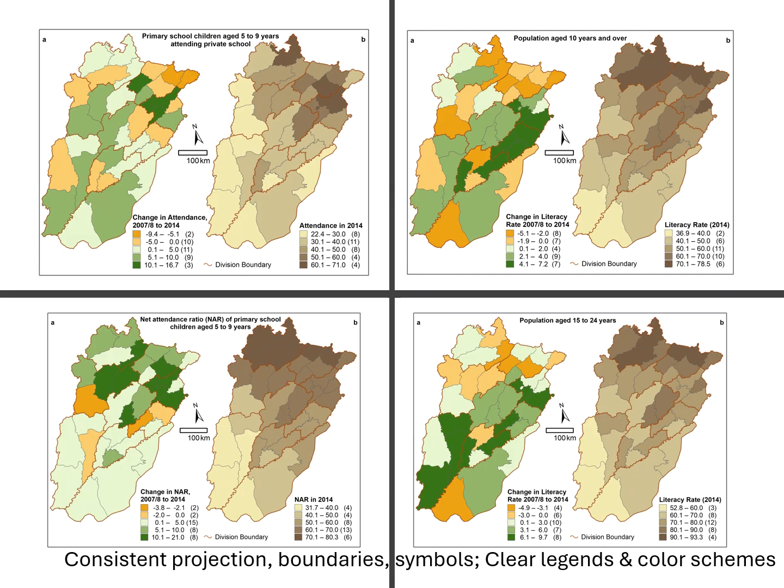Each figure has two maps. One is showing the latest prevalence or percentages. For literacy rate in this case, the top right map is showing the literacy rate in increasing intervals.